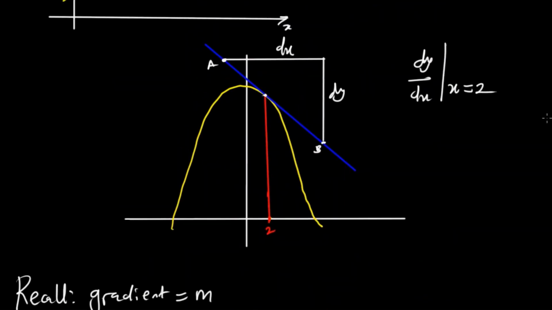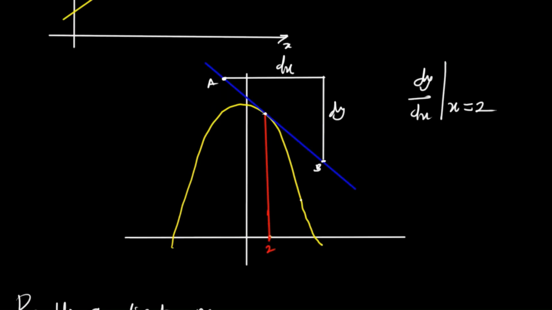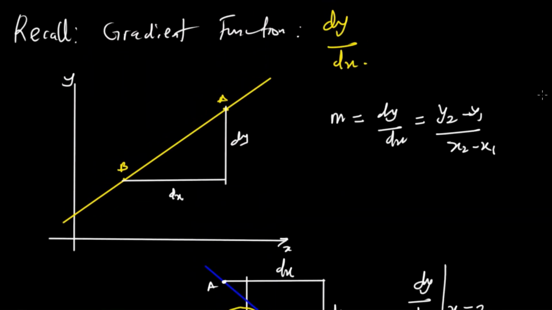So here we have a curve. It can be any curve, and we have to find the gradient at the point x equal to 1. Recall that I explained that if you have a straight line, you can always find the gradient at any point on the straight line, and it's going to be the same. If you take these two points, we are going to have the same gradient.